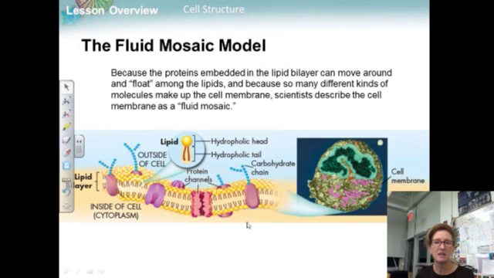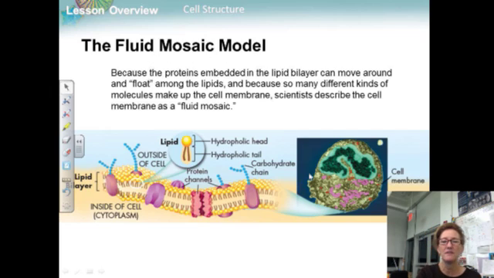Most cell membranes contain protein molecules that are embedded in the lipid bilayer, protein channels here, here, and here. Carbohydrate molecules are attached to many of these proteins. Because the proteins embedded in the lipid bilayer can float around among the lipids, and because so many different kinds of molecules make up the cell membrane, scientists describe the cell membrane as a fluid mosaic.